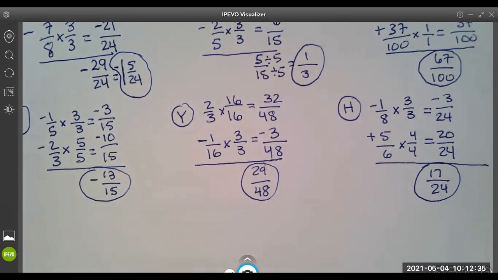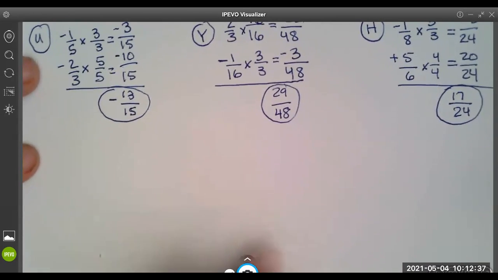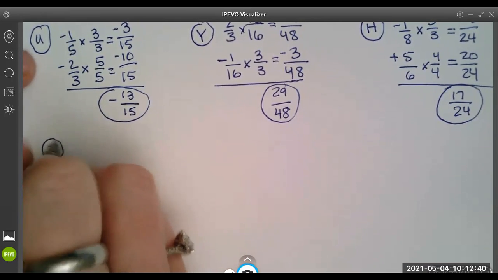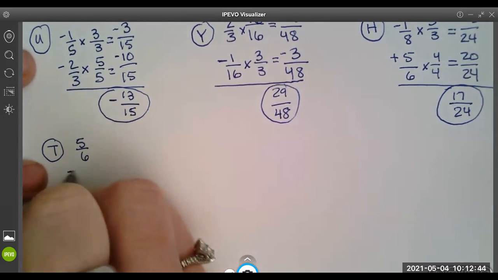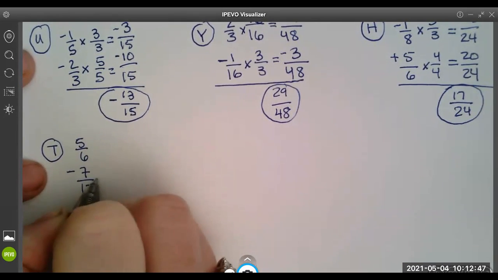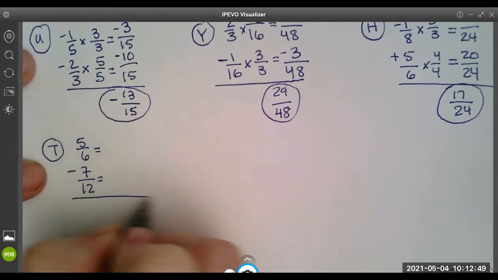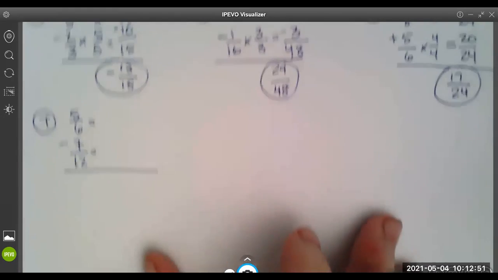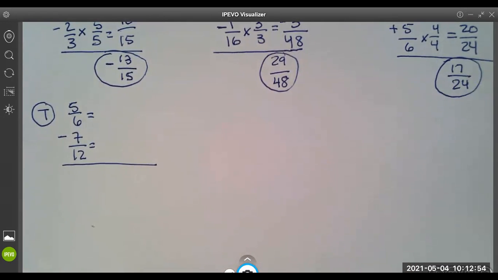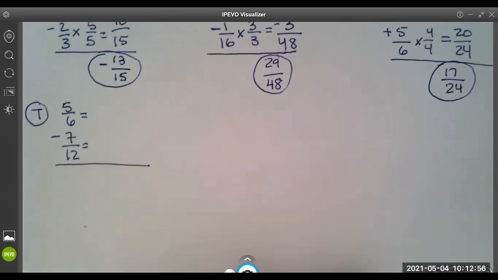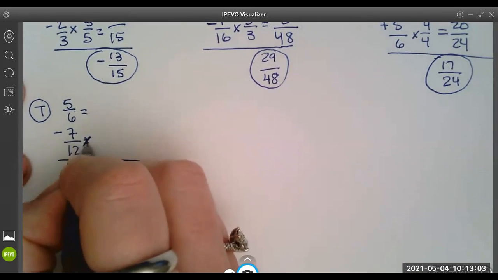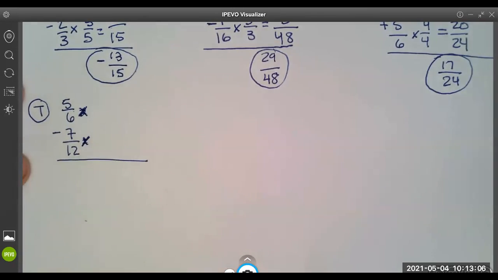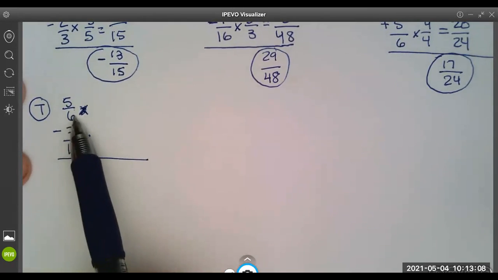Okay, so now we're on T. T, 5/6, -7/12. Does 6 go into 12? It should be a multiply symbol, not an equal symbol.